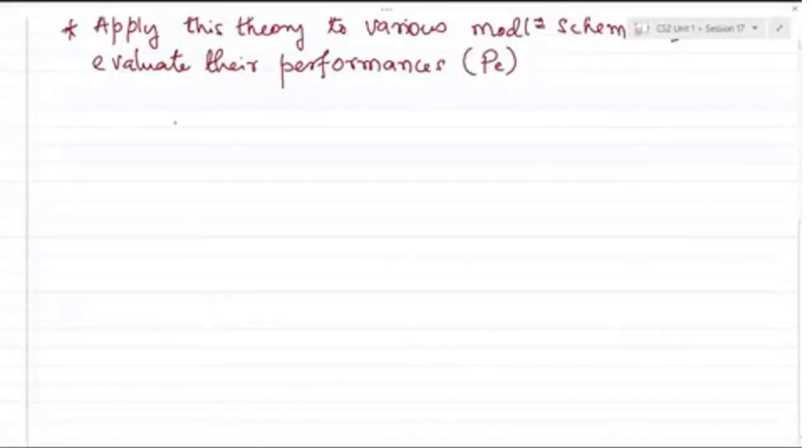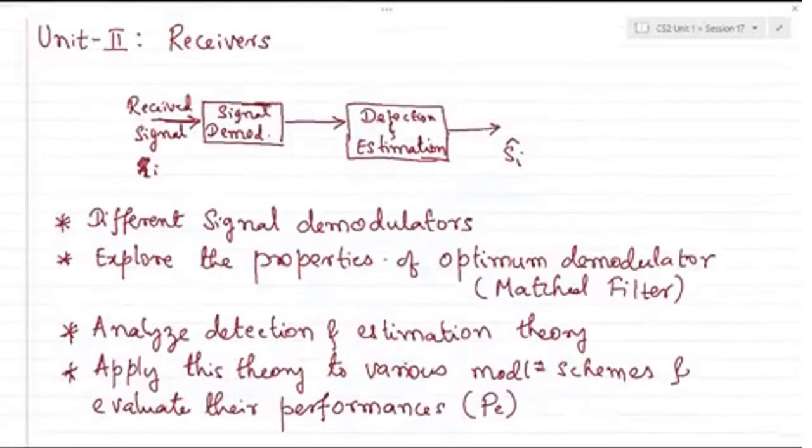Note that for this Unit 2, as per the syllabus copy, we would be restricting ourselves only to the channel, because the received signal will be corrupted by the noise in the channel. Our discussion will be restricted to only additive white Gaussian noise, and Unit 3 will cover noise which is band limited.